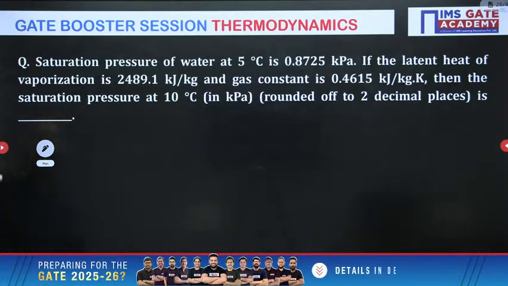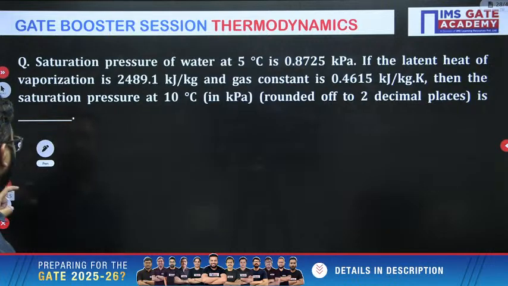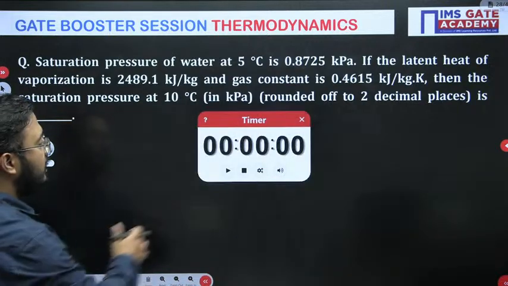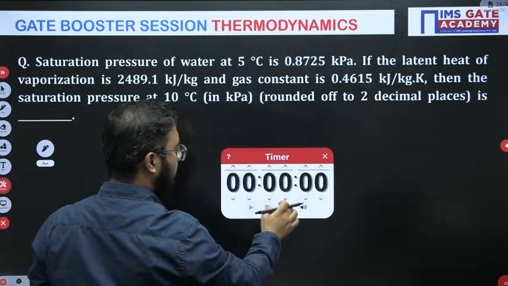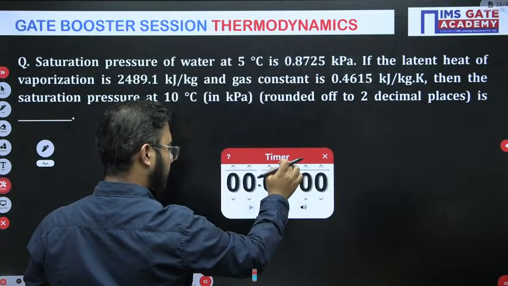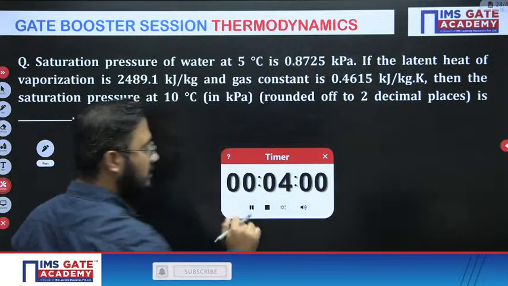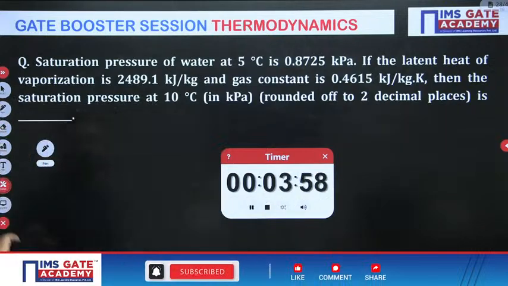Yes, this one. Okay, I will give you the hint here how to solve it. Take 3 minutes. Or better take 4 minutes, no issue. But hint is Clausius-Clapeyron equation.